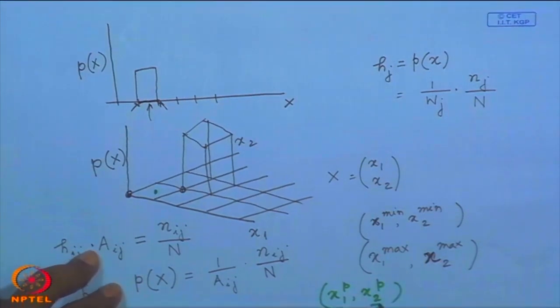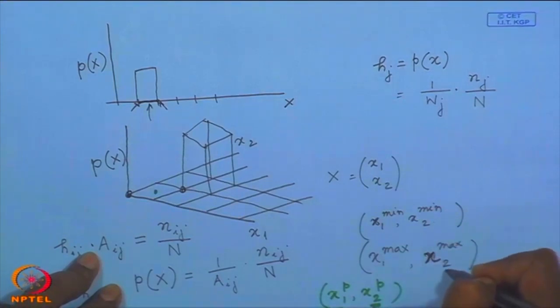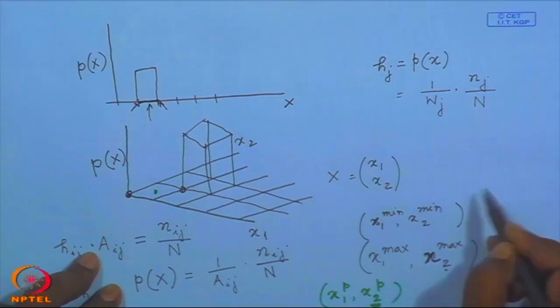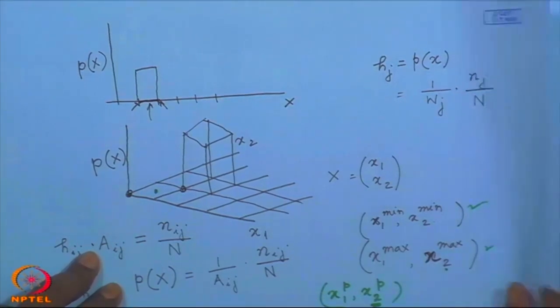Simultaneously, x2p has to be greater than or equal to x2 min and less than x2 max. So, if I simply have the min point and max point, I can easily determine which samples fall under which bin, and I can count the number of such samples.